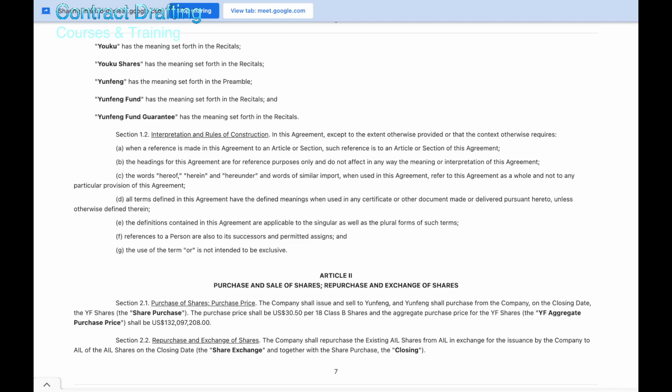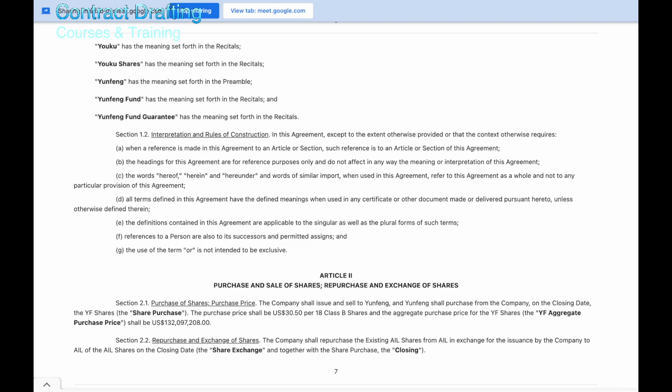So the first one reads, when a reference is made in this agreement to an article or section, that reference is to an article and section of this agreement. The headings for this agreement are for reference purposes only and do not affect in any way the meaning or interpretation of this agreement. The words hereof, herein, hereunder, and words of similar import when used in this agreement refer to this agreement as a whole and not to any particular provision of this agreement.